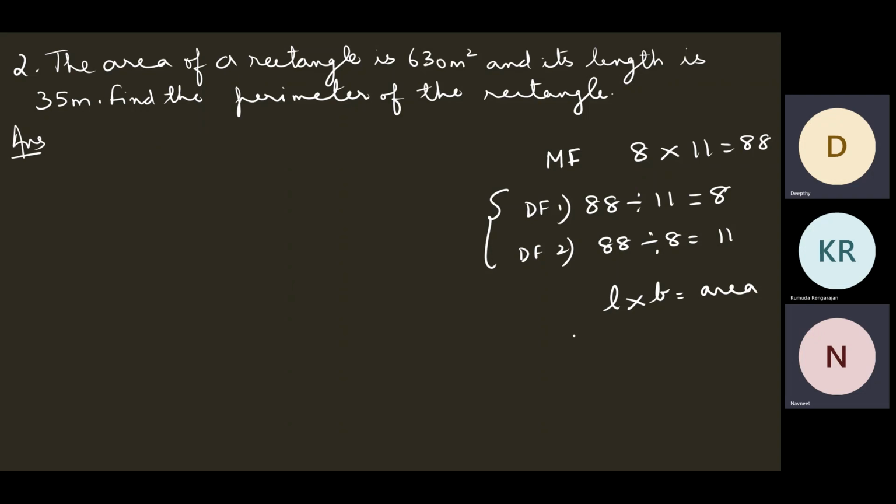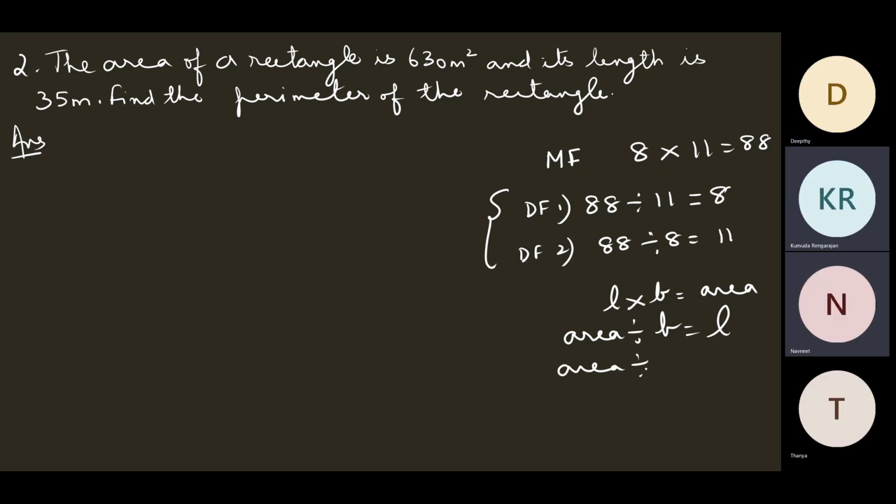Ma'am, area divided by breadth equals length, and area divided by length equals breadth. Very good. That's exactly the formula we'll be using here. Length into breadth is equal to area. So when you're given the length and breadth, we multiply to get the area.